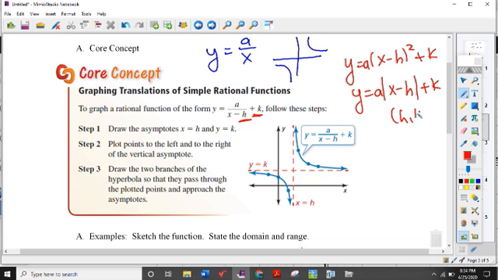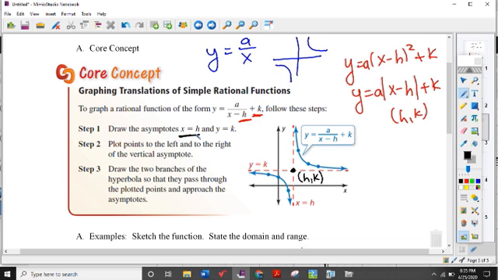So h comma k was our vertex in those. In this case, h comma k is the intersection of my two asymptotes. Instead of it being the vertex of my graph, you can think of it as the quote-unquote vertex of your asymptotes, the intersection of your asymptotes.